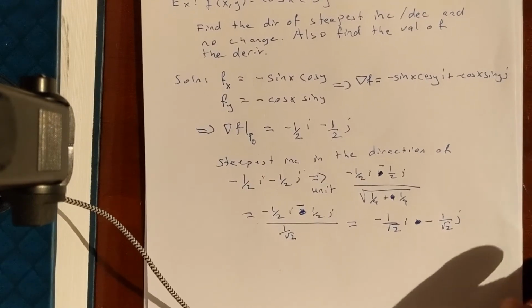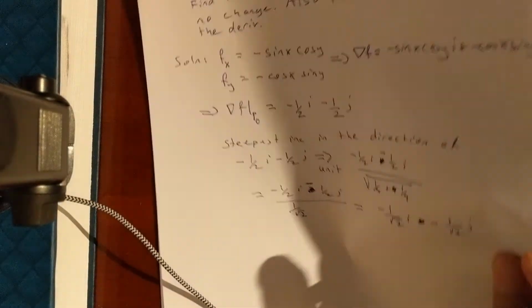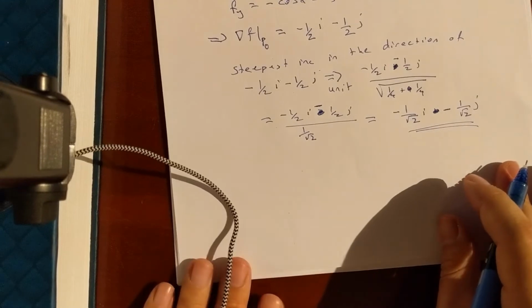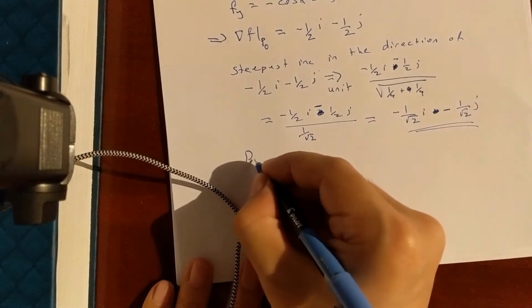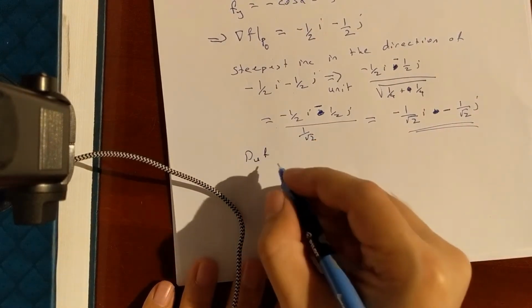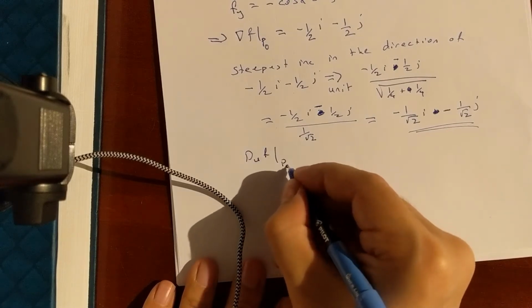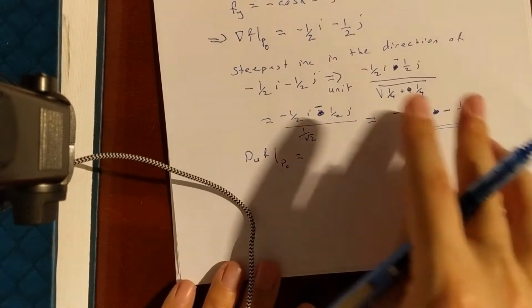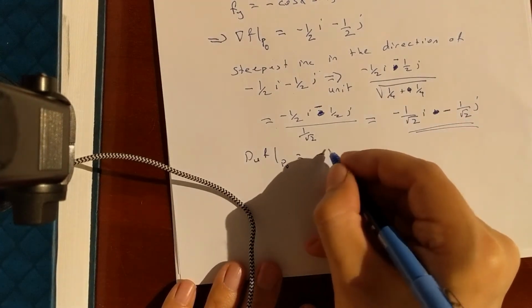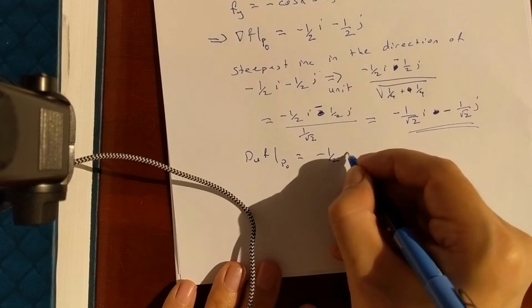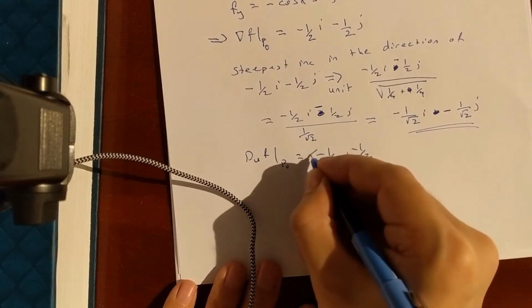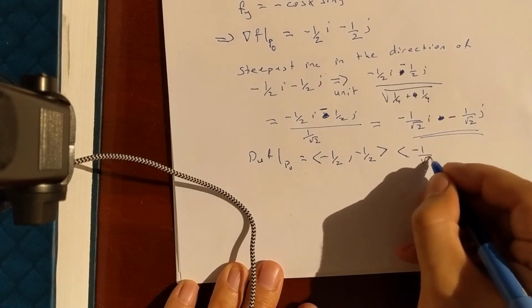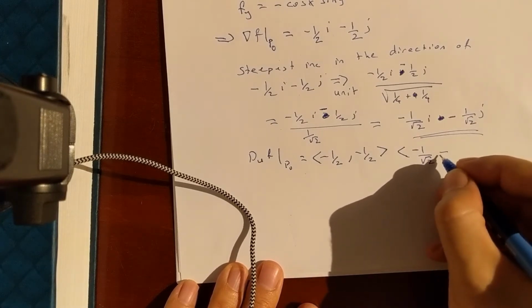All right. So the steepest increase would be in this direction. And what would be the value? The directional derivative D_u f evaluated at P naught. Well, what would be the value? It would be just the gradient of f dotted with this unit vector. What's the gradient of f? That's minus 1/2, minus 1/2, the gradient evaluated at that point, times minus 1 over square root 2, minus 1 over square root 2.